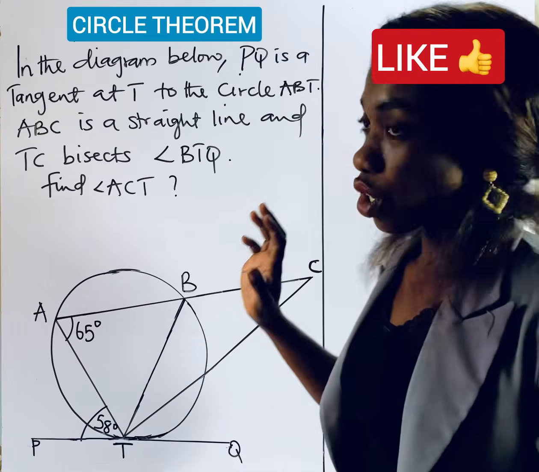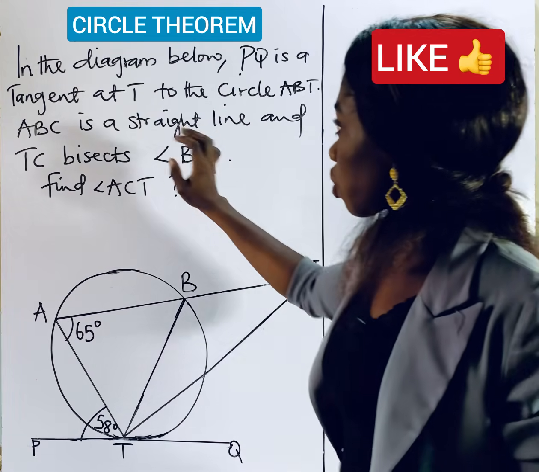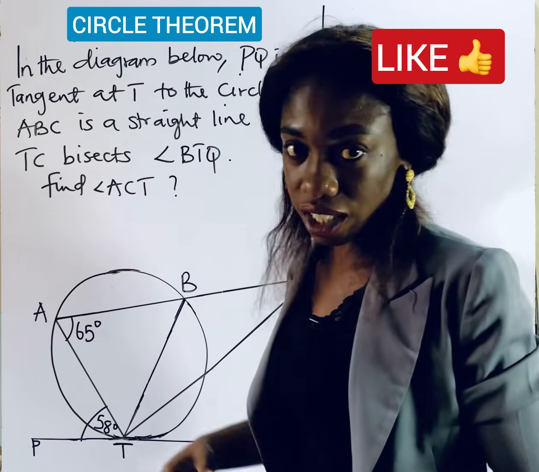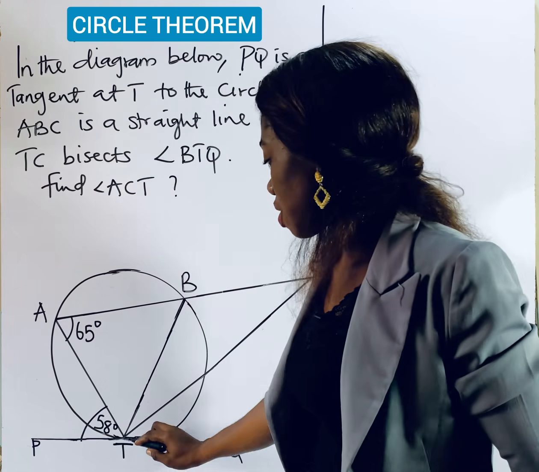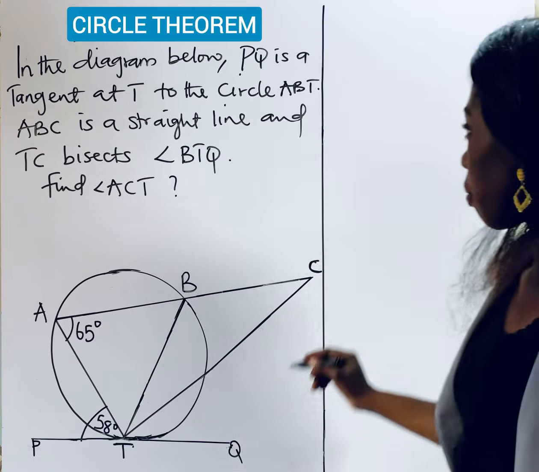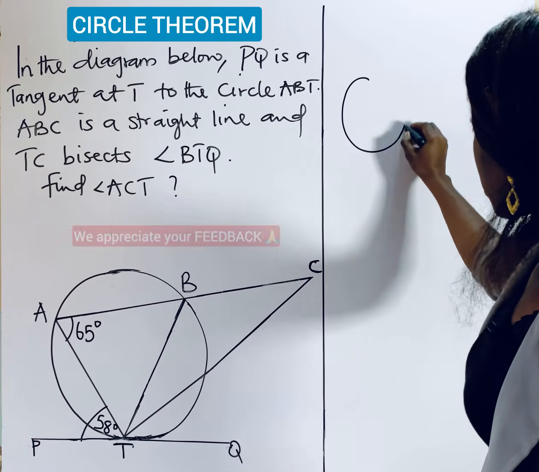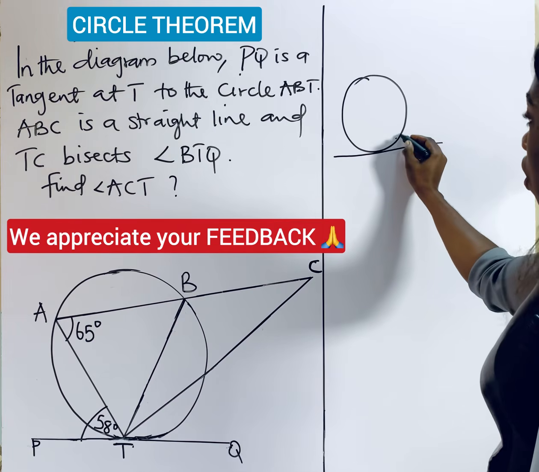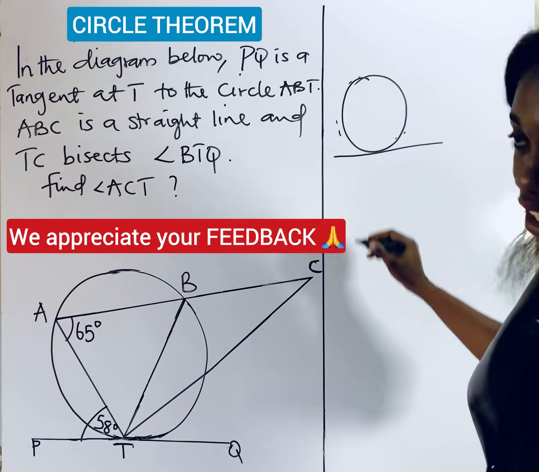Now, in this question, we are going to take it bit by bit. We are told in this diagram, PQ is a tangent at T, and this is point T. When you talk about a tangent, you have a circle and a line that touches the circumference. This is the outer part, we call it the circumference.